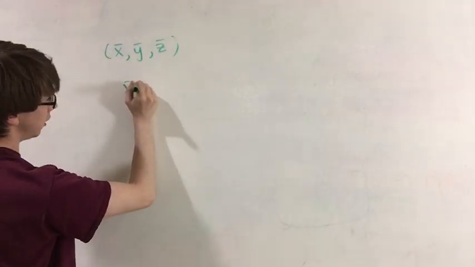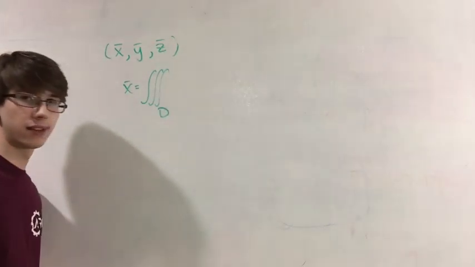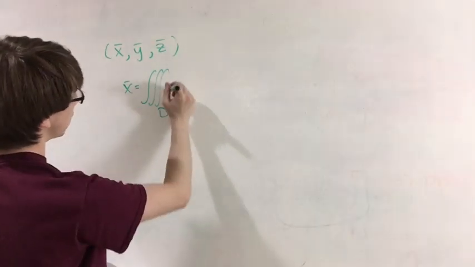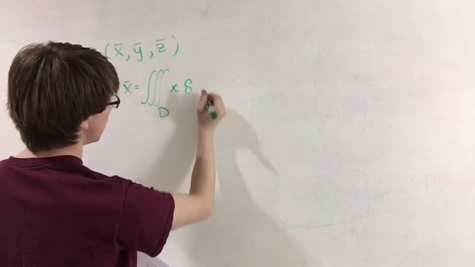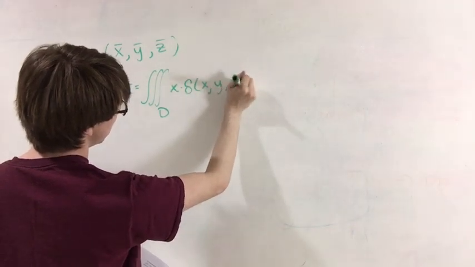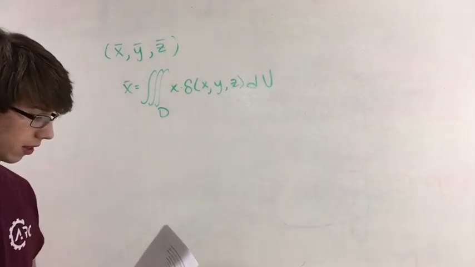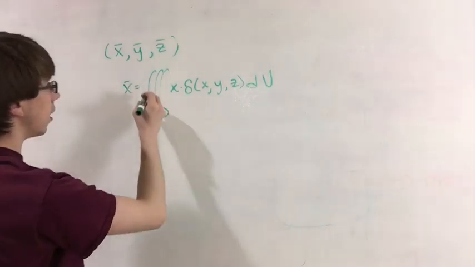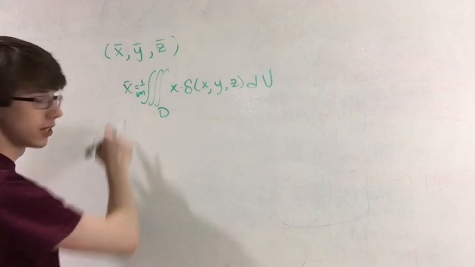X bar is equal to the integral over some space D of x times the density in terms of x, y, and z with respect to the volume. And that's 1 over the mass. And what is that m?